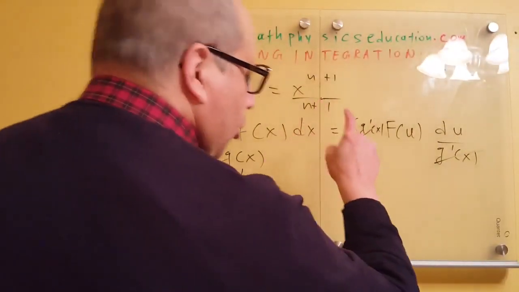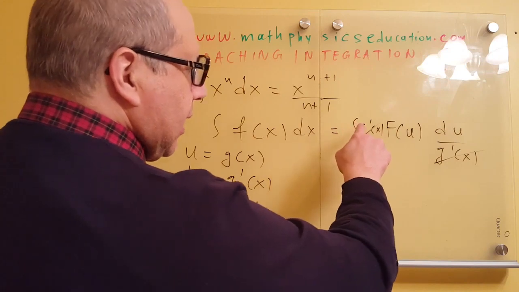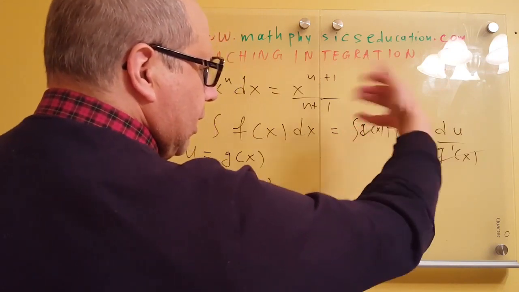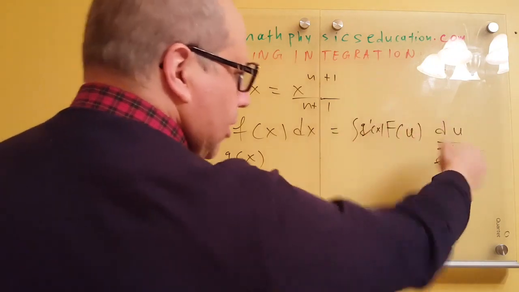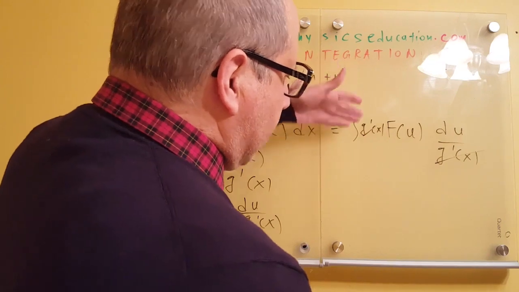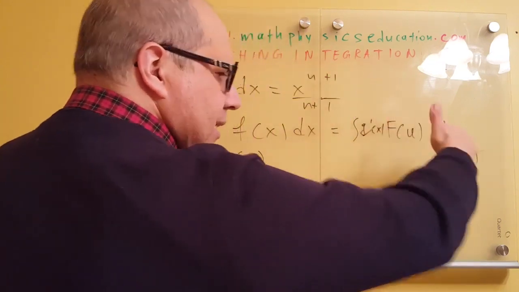To be more precise, whatever you have here can be any linear multiple of this, because the main thing is to cancel whatever has the x.